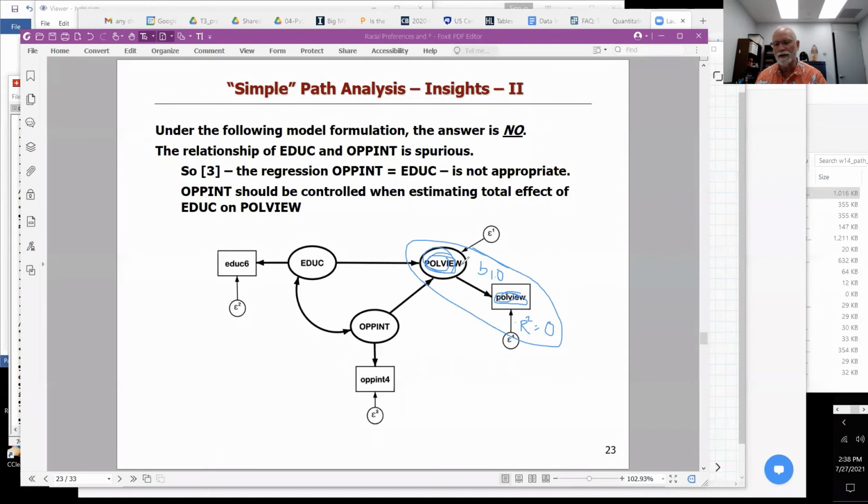The indicator reflects only the latent. So this would be saying the indicators are perfect measures. And what I just reviewed would apply to all 3 variables in the model. And in this particular model, the flow graph implies 1 regression equation, because we have a straight line going into political view, from education, and from OP&E, which stands for opposition to integration.